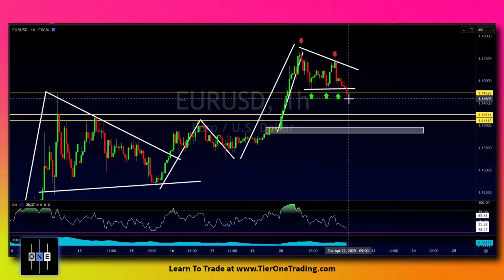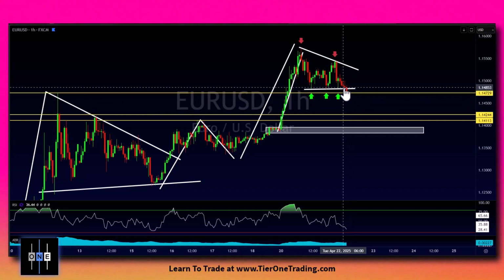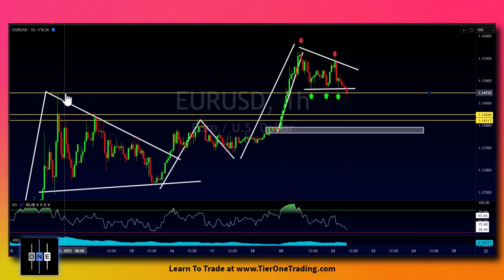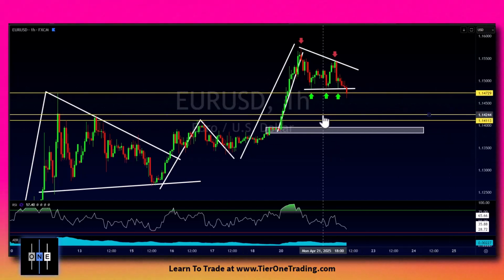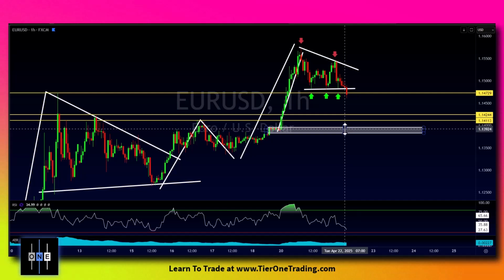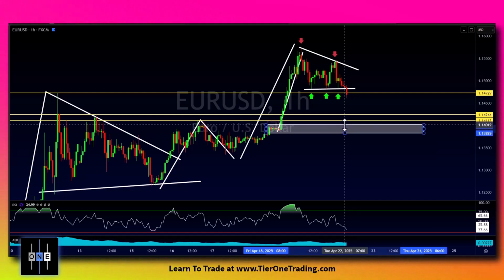So with this breakout, not only would I like to see a breakout between this, I'd love to see a breakout beyond this level as well. If we go lower, these two levels, 114.24, 114.11 stand out. We have this level a little bit lower at 113.95. We spoke about this earlier where we might as well be above 114 even. So let's just make that 114 even.